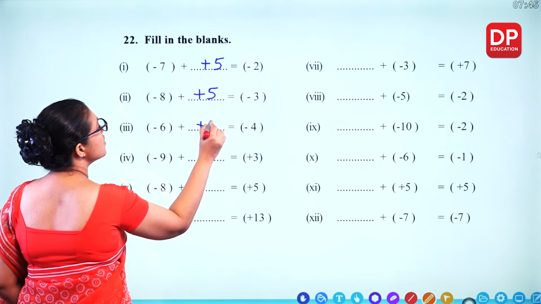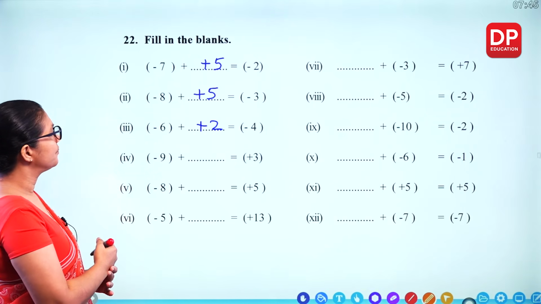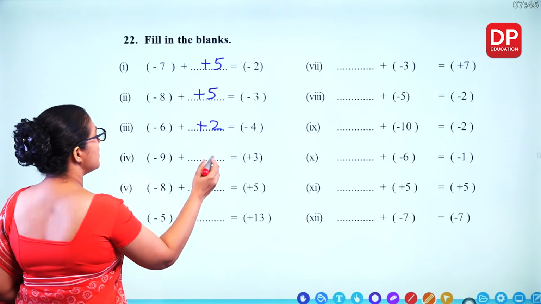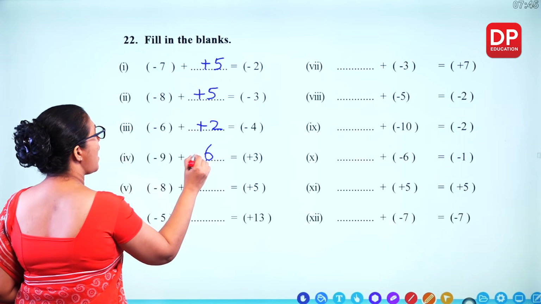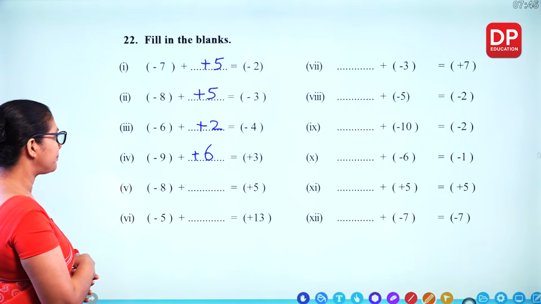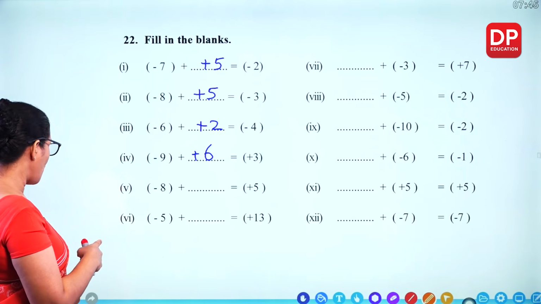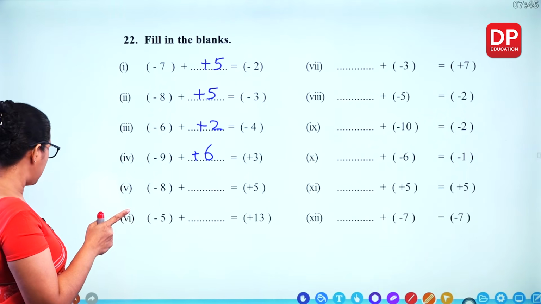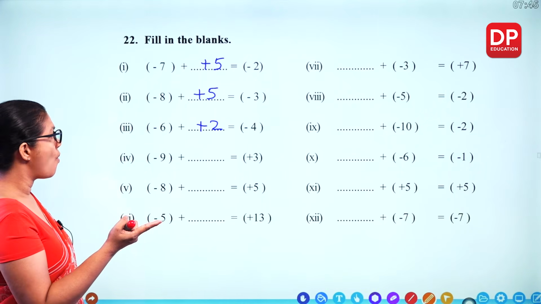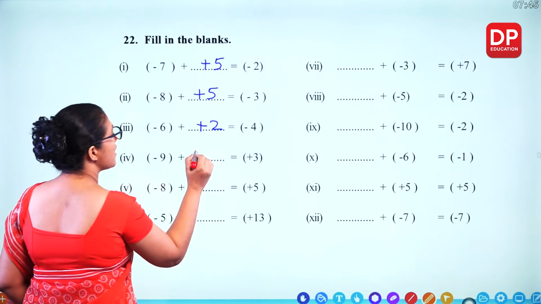So add 2 to that. Minus 9 and 3, difference is 3. That means you are adding 6 to that. Is that 6? That's wrong because that becomes minus 3. So you have to add more positive numbers. Plus 12.